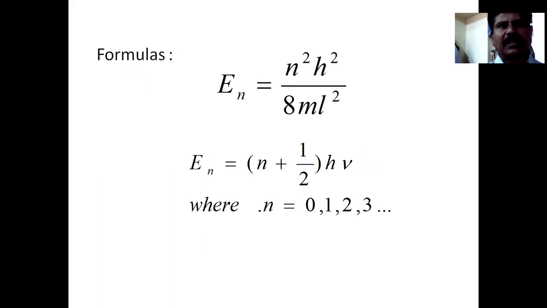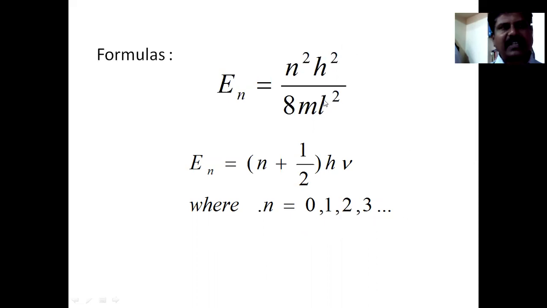The formulas that you have seen in this chapter: the eigenvalues of energy of the particle in the nth state is given by E of n equals n squared h squared divided by 8 m L squared. And for linear harmonic oscillators, the energy of the oscillator in the nth state is given by E of n equals n plus half into h nu, where n equals 0, 1, 2, 3, and so on.